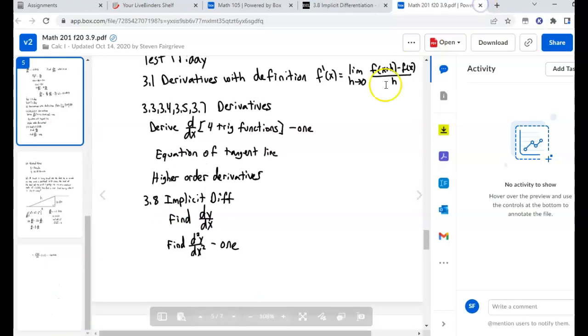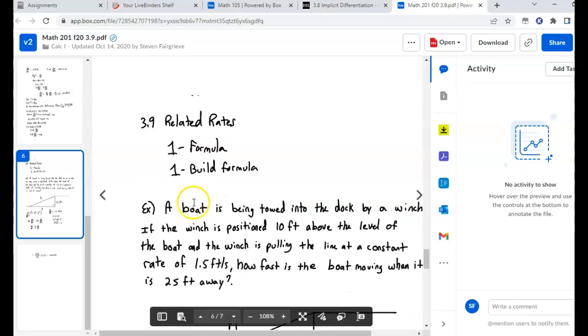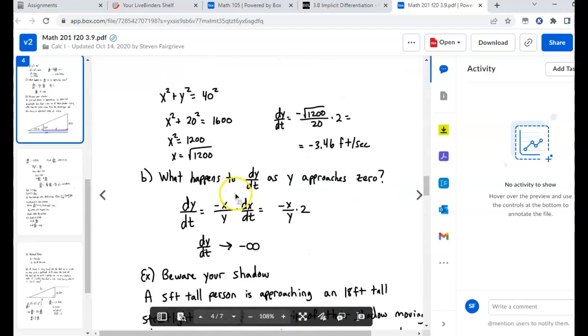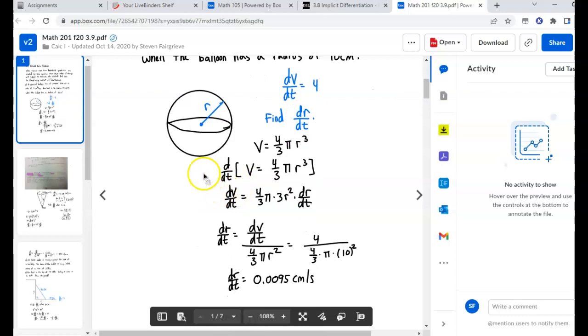And then the final thing, what we talked about here in 3.9, and that is the related rates. So if you go back through our examples here with the related rates, there'll be one problem where you're given a formula with a related rate. So we did some examples with a balloon being inflated. So we have the volume formula for a balloon to get the relationship.